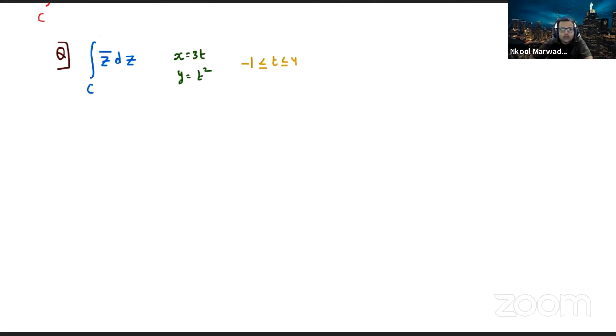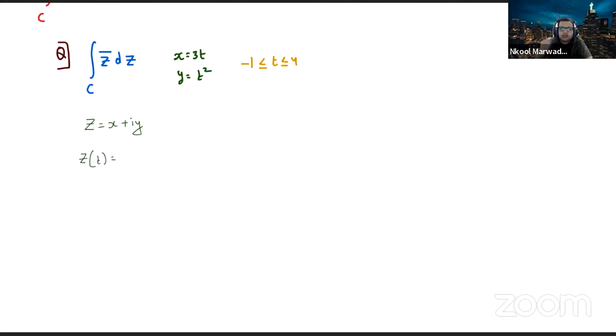So first, whatever x and y are given, based on that we can get the equation of the contour. Because we know the equation of the contour will be z is equal to x plus iy. So according to this, the equation will be z of t, because x and y both are functions of t.